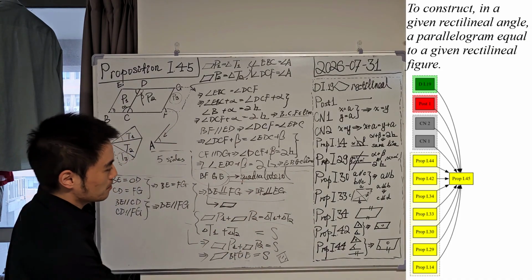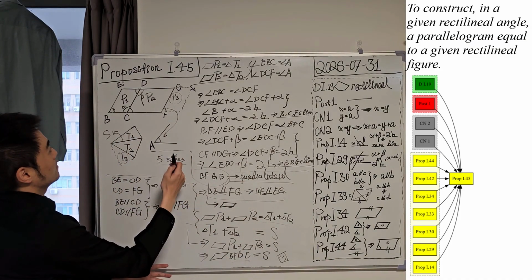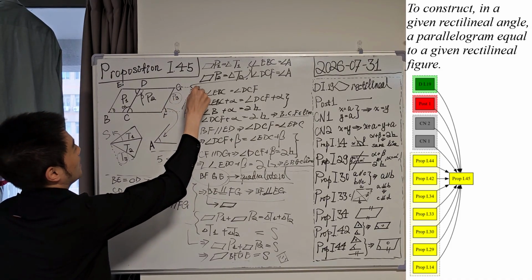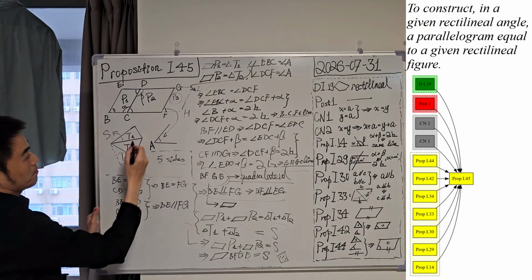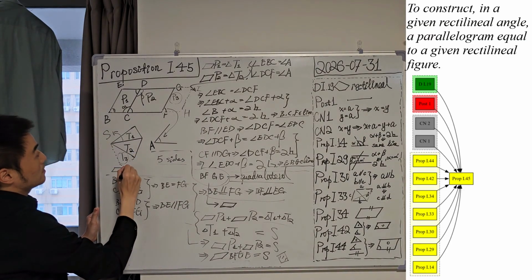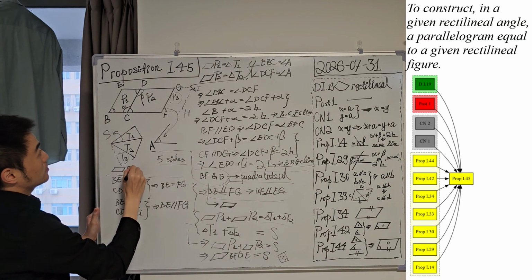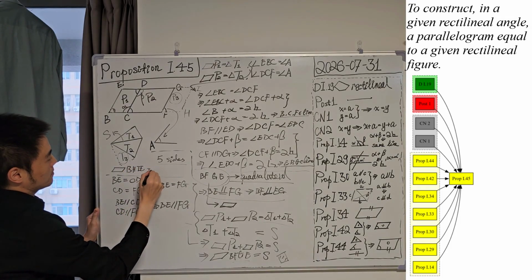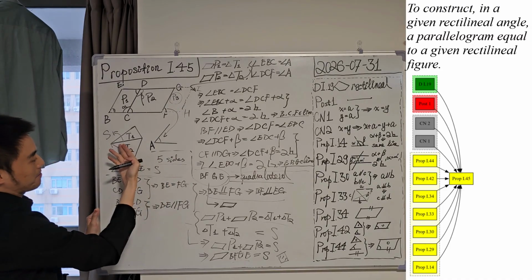And with the same method we can prove, let's call it EFGHI, with the same method we can prove that parallelogram BHIE has the same area as S. Now it has 5 sides, okay?